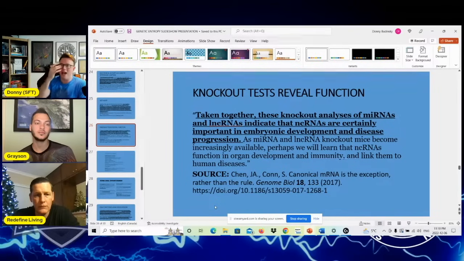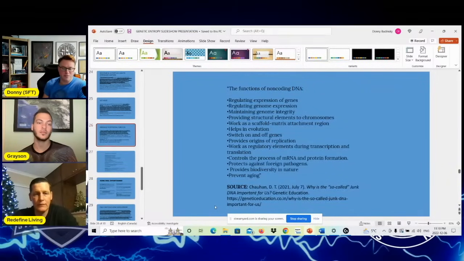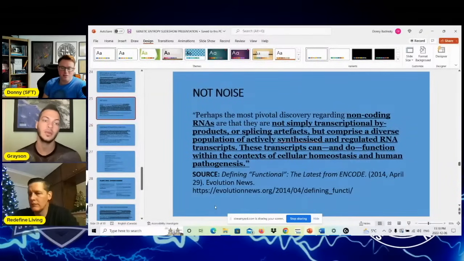We have unexpected functional roles of these long non-coding RNAs. They indicate that non-coding RNAs are certainly important in embryonic development and disease progression. So they're knocked out, and it results in disease. There's paper upon paper about junk DNA essentially being overturned.